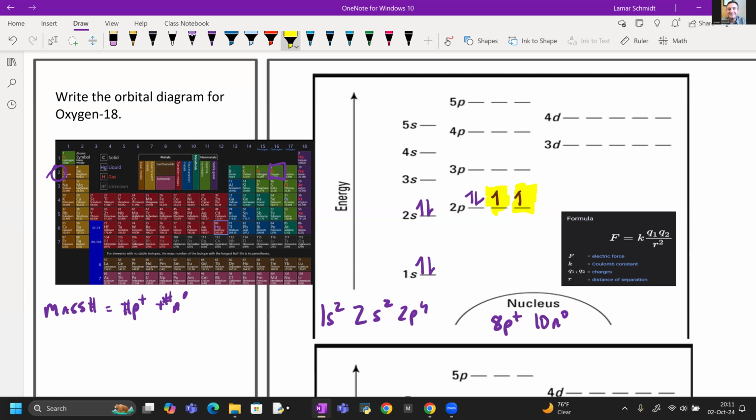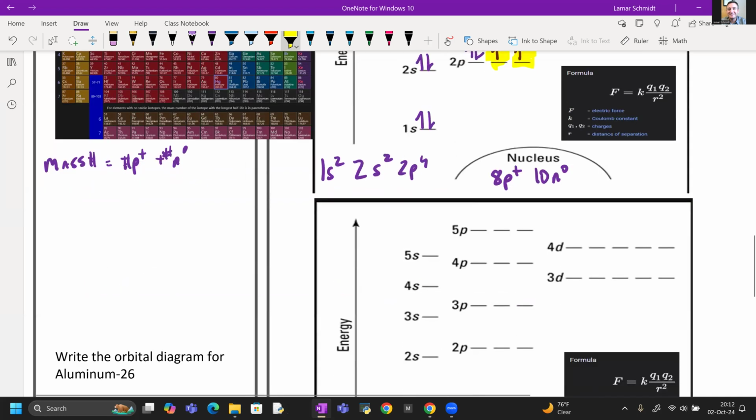So we have 2 unpaired electrons in that orbital diagram. And so maybe you're asked something like that. You can tell the number of unpaired electrons by looking at the orbital diagram. It's real easy to see, whereas you could not see that necessarily from the electron configuration.